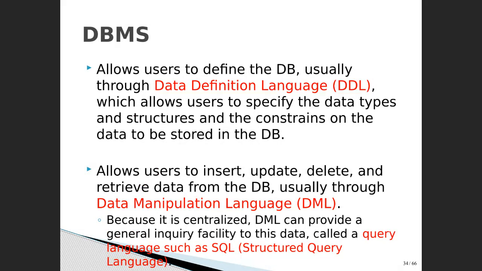We said it's the program that provides access to the database, provides access and control over the database by having two parts of database language: data definition language, which is DDL, which allows users to specify the data types, constraints, and structures, plus the data manipulation language, DML, which allows users to insert, update, and delete or retrieve data from the database.